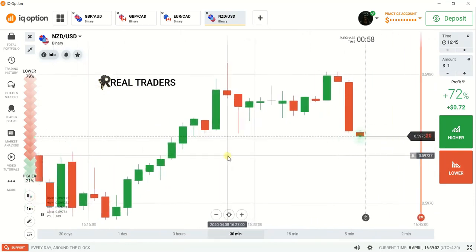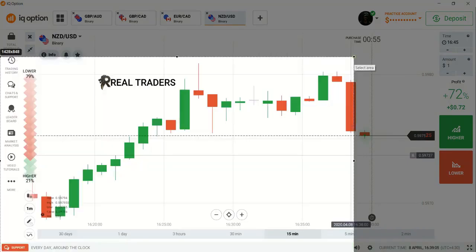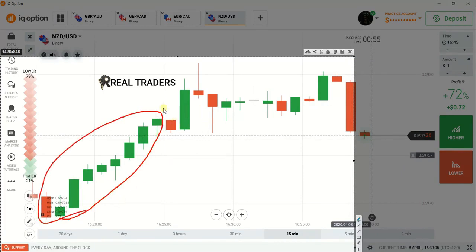But we can understand when the engulfing will not work. When you are seeing a momentum, mostly the engulfing will not work. You can see here a momentum. So in these situations the engulfing will not work. You can expect only a bullish candle after this candle. So engulfing in the bullish momentum will not work.